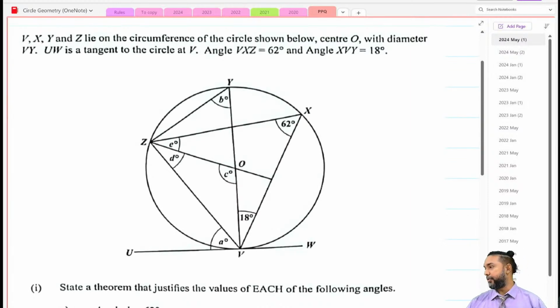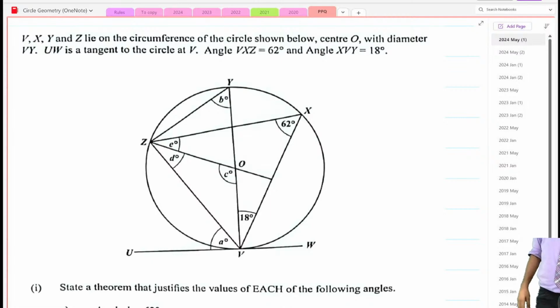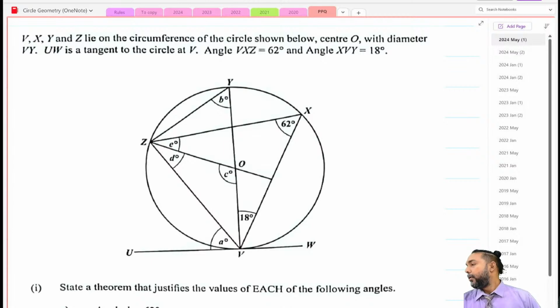It's the same question, but I was on the wrong page. Let's get back there, shall we? Sorry, let me just put in my colors again.